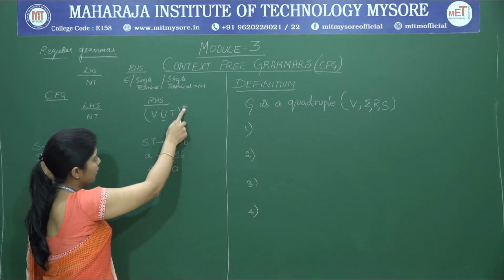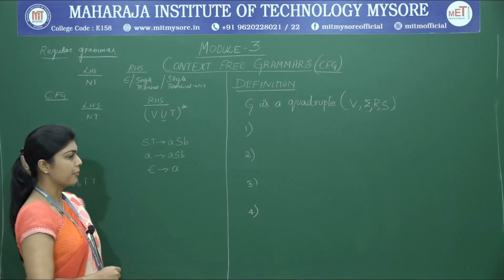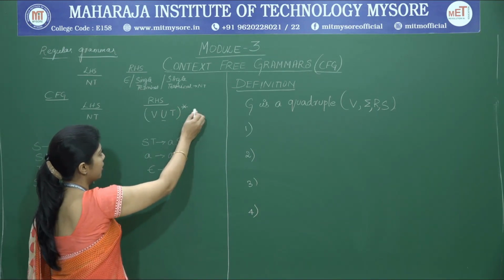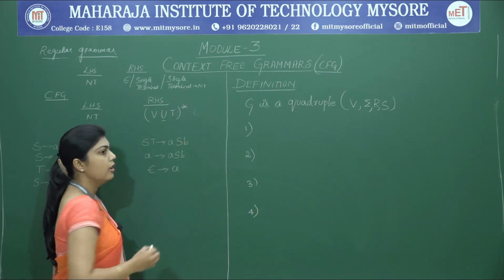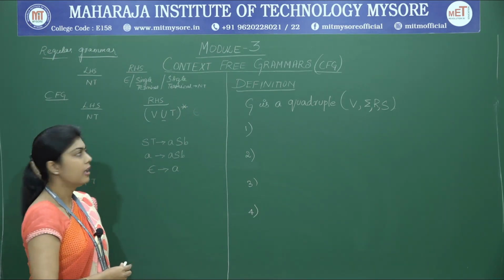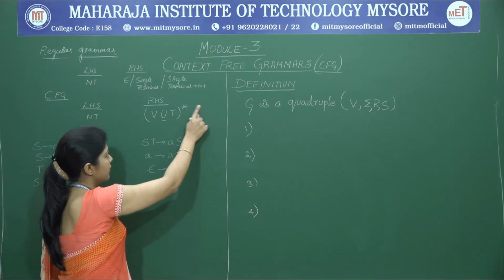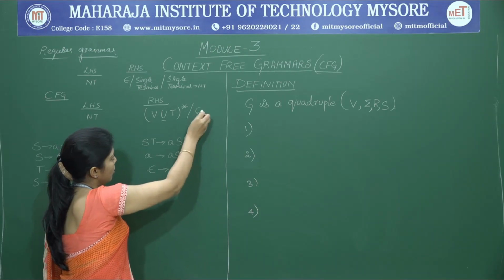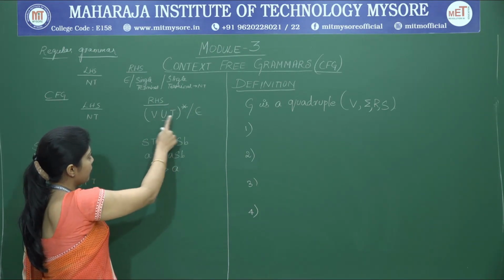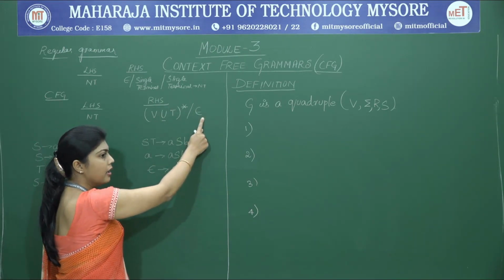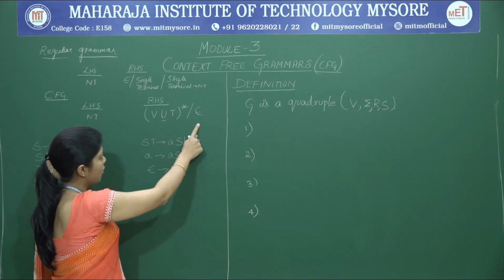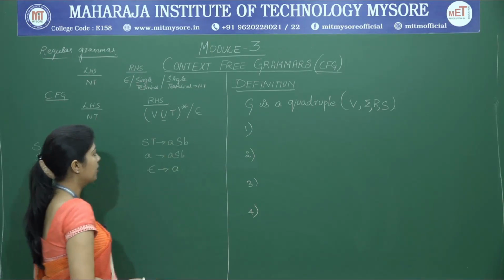We know from the concept of the Kleene star that when we place a star here, that also includes epsilon on the right hand side. So it could be combinations of variables, terminals and epsilons arranged in any order and any number.